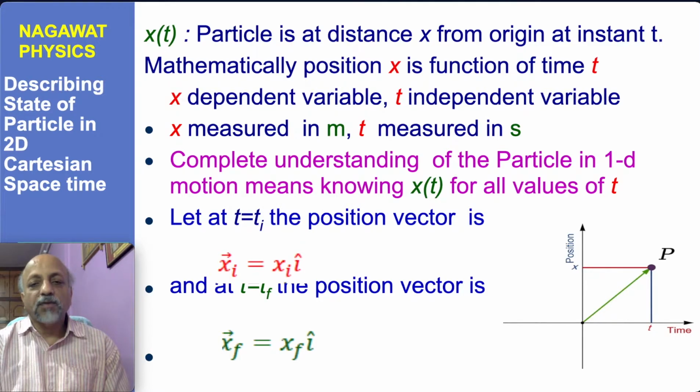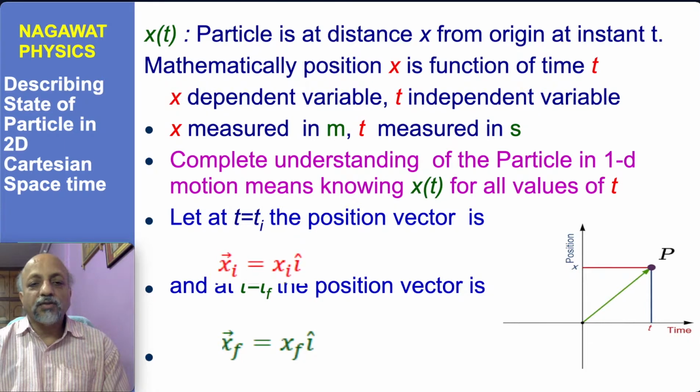So the complete knowledge is contained if we can know x as a function of t for all values of t, right from minus infinity to plus infinity, because in Newtonian physics that is the range, and that is also the range of real numbers. So all values of x and t are allowed.